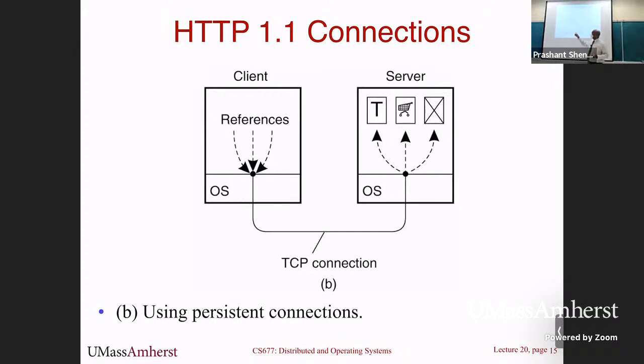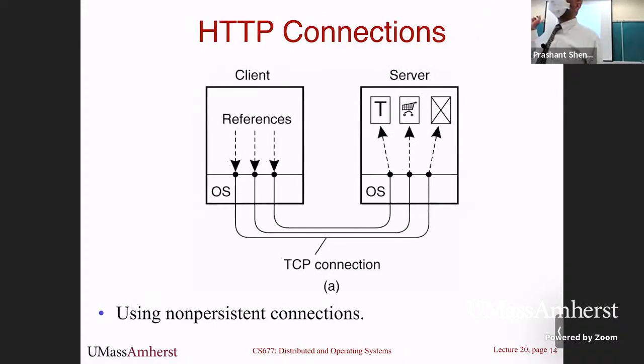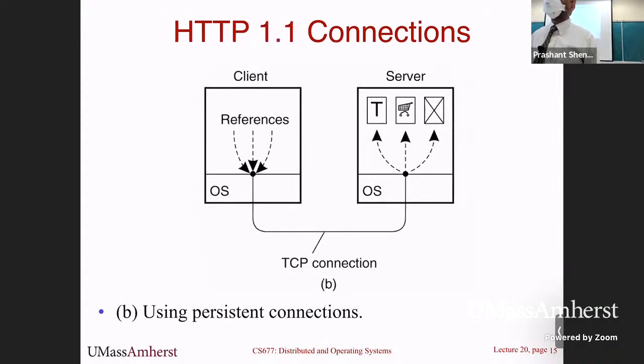So even though you can persist the connection, when you want to make multiple simultaneous downloads from a server, browsers would rather set up multiple connections and fetch them in parallel, just as you had here. You can set up 10 HTTP connections and get 10 things in parallel, because getting them in parallel is faster than getting them in sequence, assuming you have the bandwidth to do so.